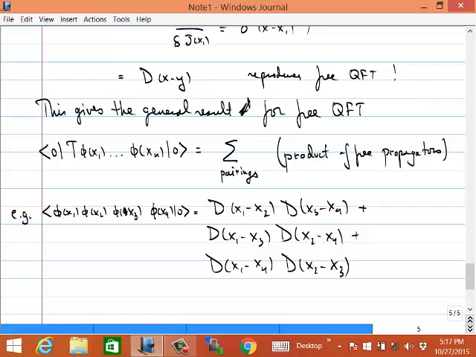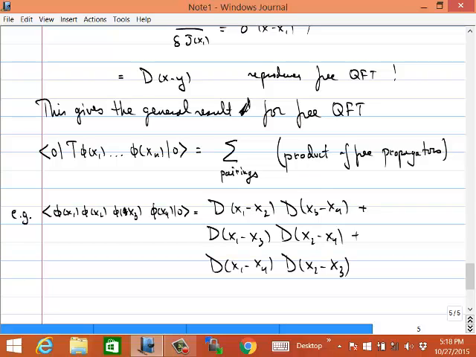So hopefully from our expression for the generating function, it's clear that the answer that you will get is a product of a bunch of propagators. And if you think about it, the only thing that makes sense is a sum over all different ways that you could match the points together. And then it's some straightforward combinatorics just to convince yourself that that's indeed true.